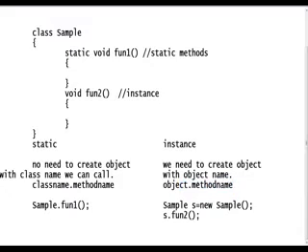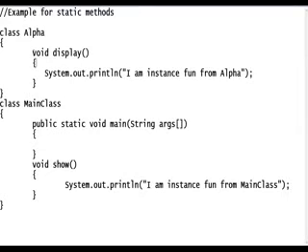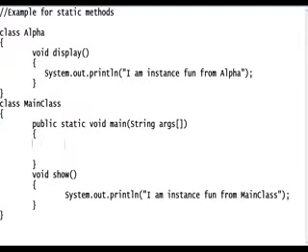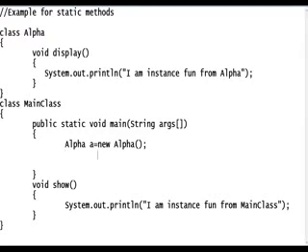With the object name we can call object dot method name, like Sample s equals new Sample, s dot function 2. Same, we need to create an object. What is the class name? Alpha. Alpha a equals new Alpha. We need to create the object for Alpha class because this belongs to the Alpha class, right?